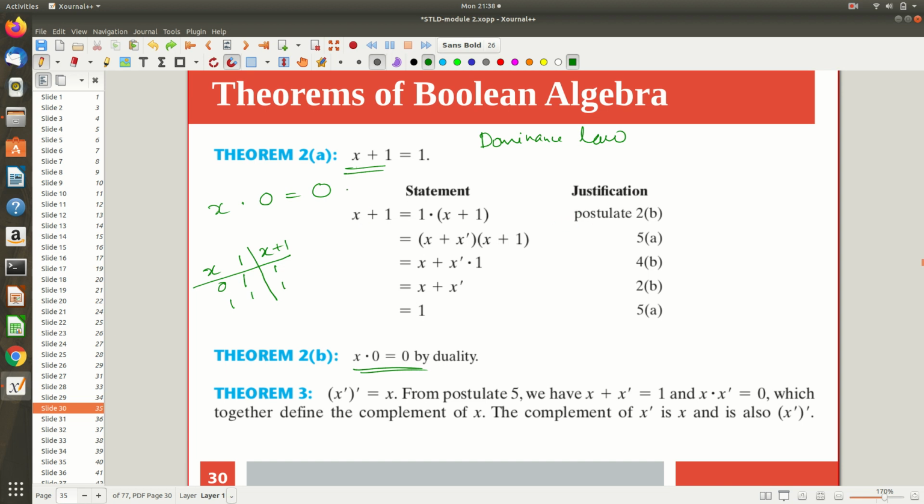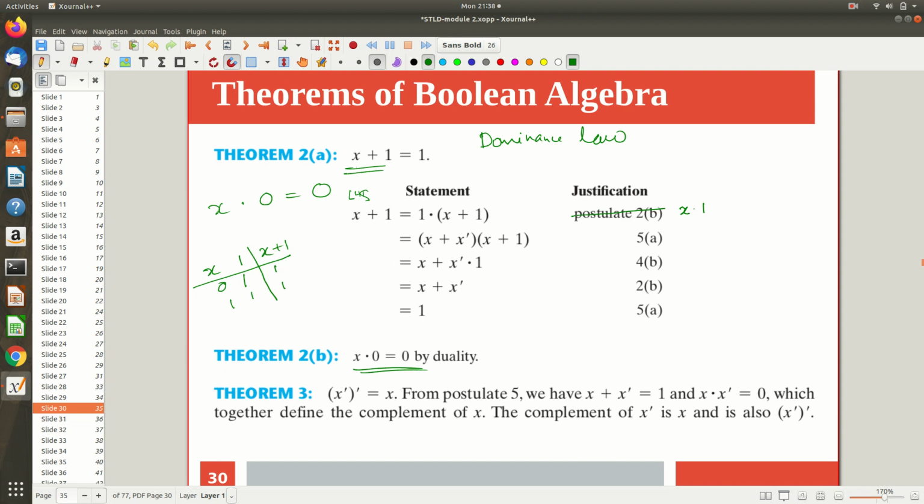So what we do is start with the LHS and try to reach the RHS, right? When you look at the LHS, you see x plus 1. Just like before, we multiply it with 1. Instead of writing postulate 2, give its accurate name, because textbooks write it like that, but in the exam you may not remember what postulate 2 is. Simply, some expression, I multiplied it with 1.